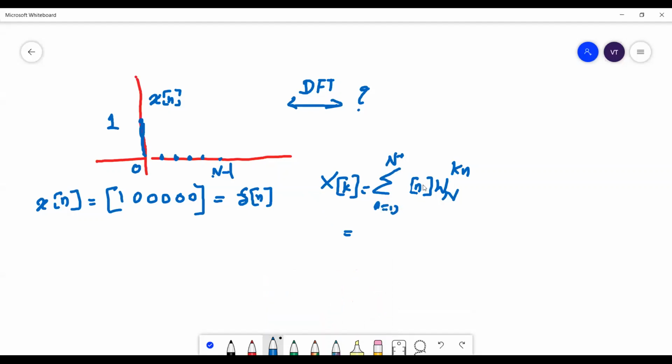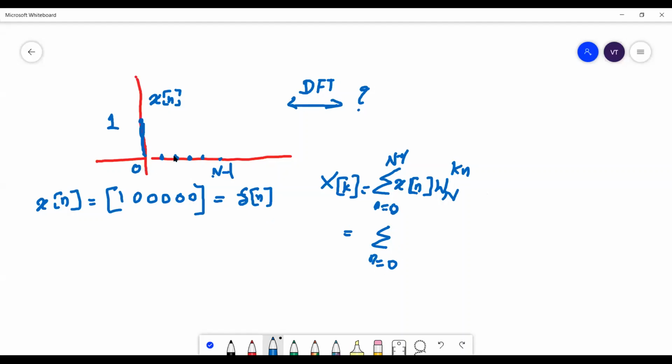Sigma n equal to 0 to n minus 1. We'll put the numerical values. So sigma n equal to 0 to n minus 1 of x of n W_N raised to nk, where k and n are between 0 and n minus 1, which I'm not going to write every time. So this you can write as sigma n equal to 0 to what is n minus 1 here?